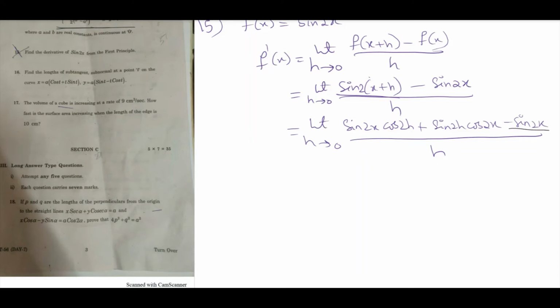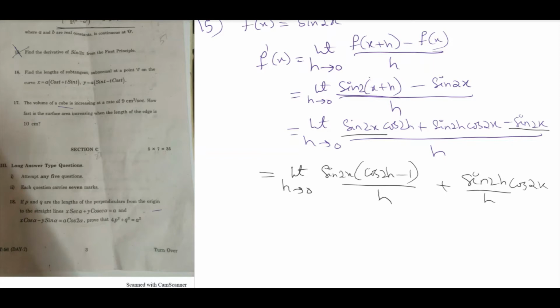So sine 2x and sine 2x, taking it as common, limit h tends to 0, sine 2x into cos 2h minus 1 by h plus sine 2h by h into cos 2x. So I took sine 2x common in these two terms.